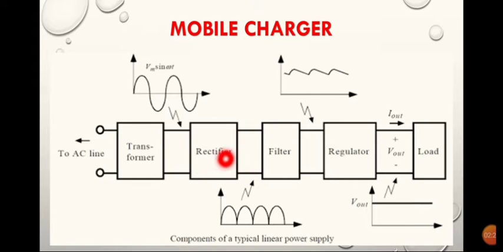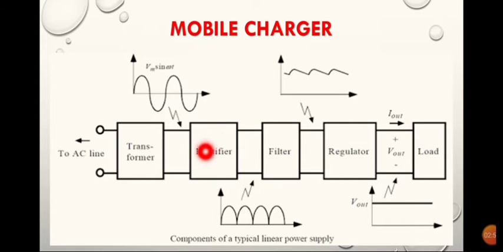The next block is what? Rectifier. I just told you that the mobile battery works on DC, but the charger is connected to AC. So which component is used for the conversion of AC to DC? That is the rectifier, and this is the rectifier diode.